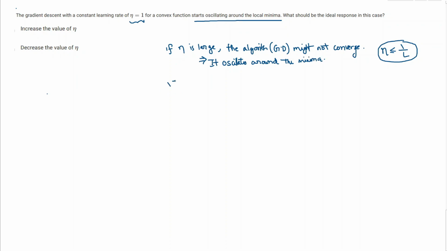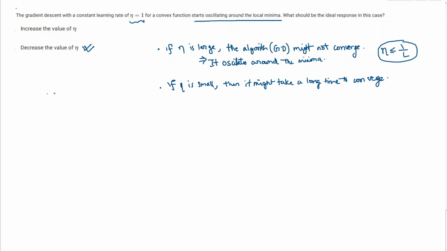Similarly, if eta is very small, then it might take a long time to converge, right? So these are two important points about the learning rate. With the first point we can conclude that if it is oscillating around the local minima, then we need to decrease the value of eta.